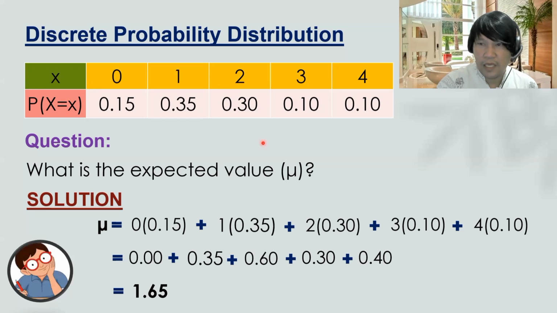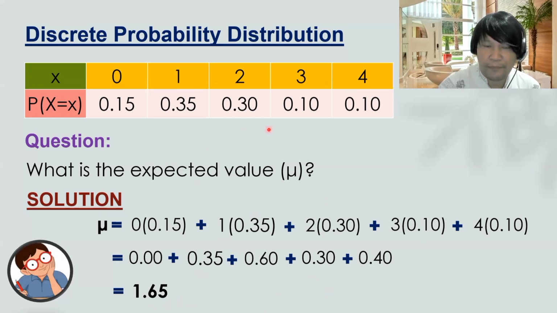It can be 0, 1, 2, 3, or 4. Therefore, the average is 1.65, but that can be expressed as 2 since we are dealing with the number of typhoons. Since we don't have half a typhoon, it's always countable, okay?